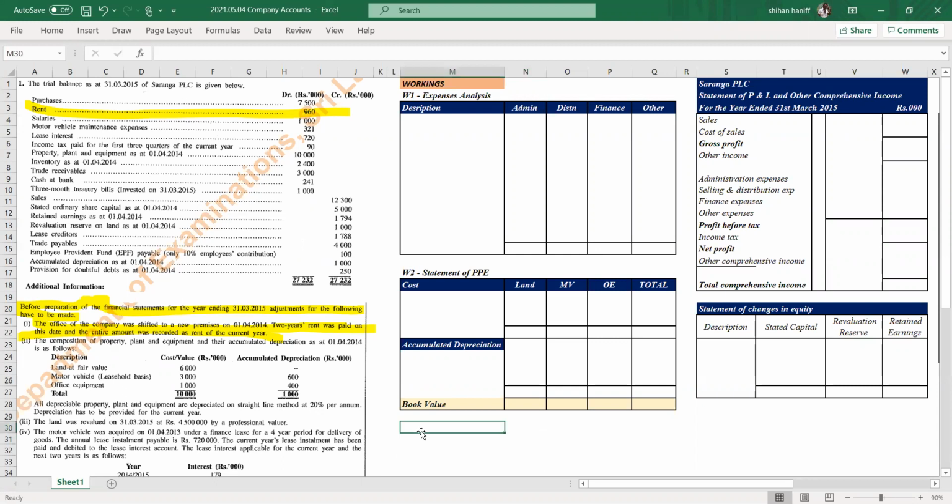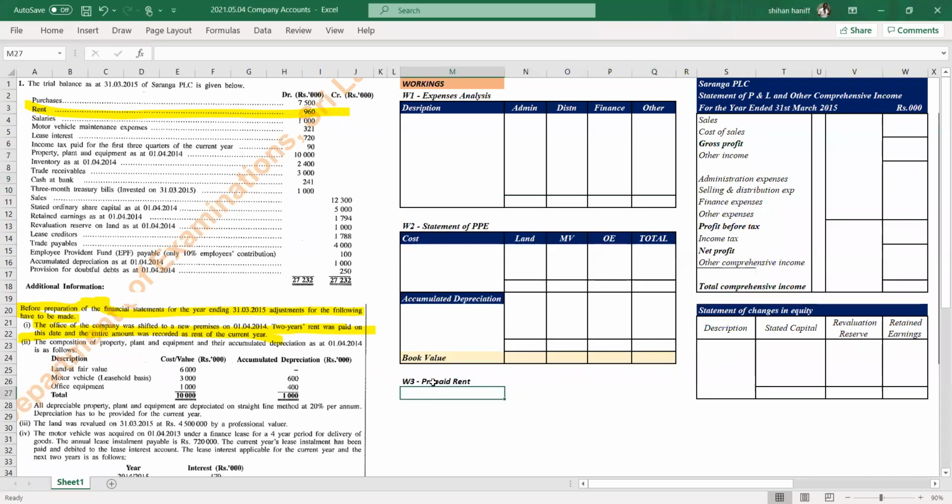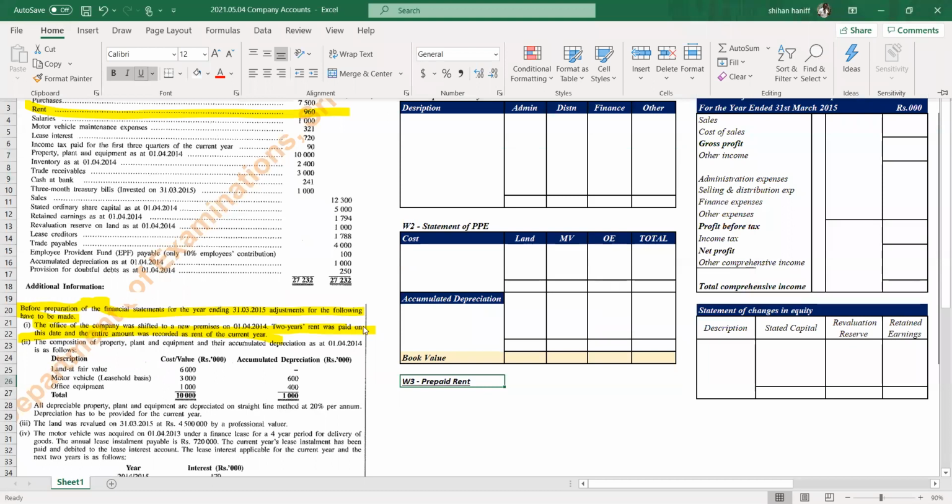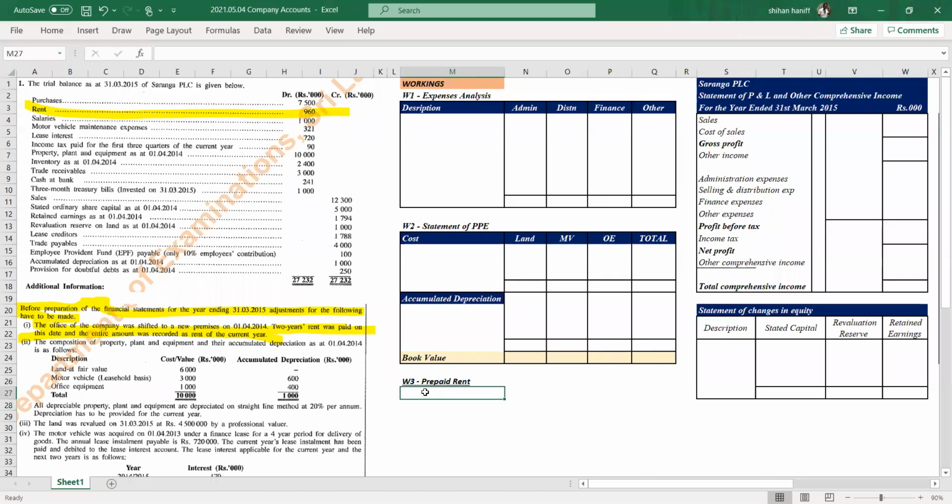Right. So let's do working number 3 on prepaid rent.